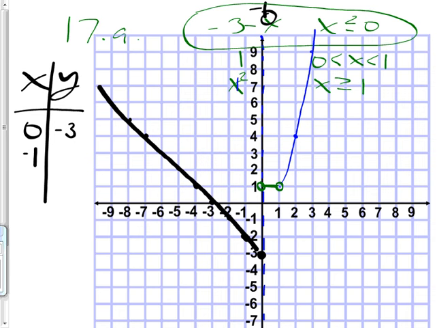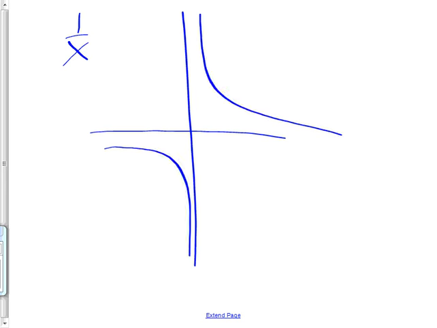The first two are Frankenstein functions. C and D are both the kind where you've got to know the parent, and then we just move it from there. Do you remember what the parent function looks like for 1 over x? Maybe we should make a list of a few that you could memorize the night before. You remember 1 over x kind of looks like this? I think I've called that the butterfly before.